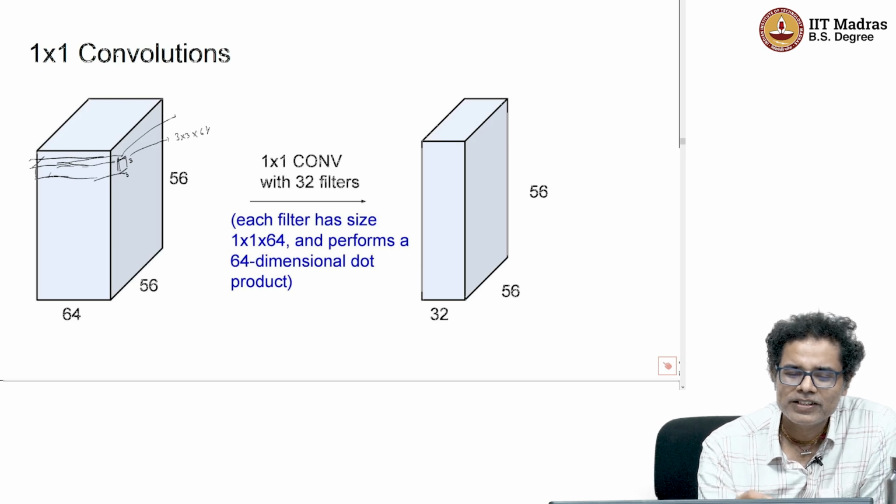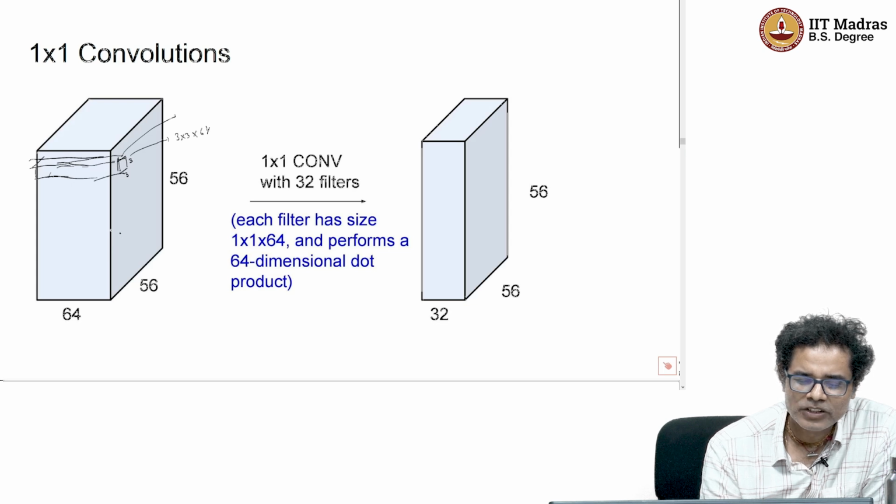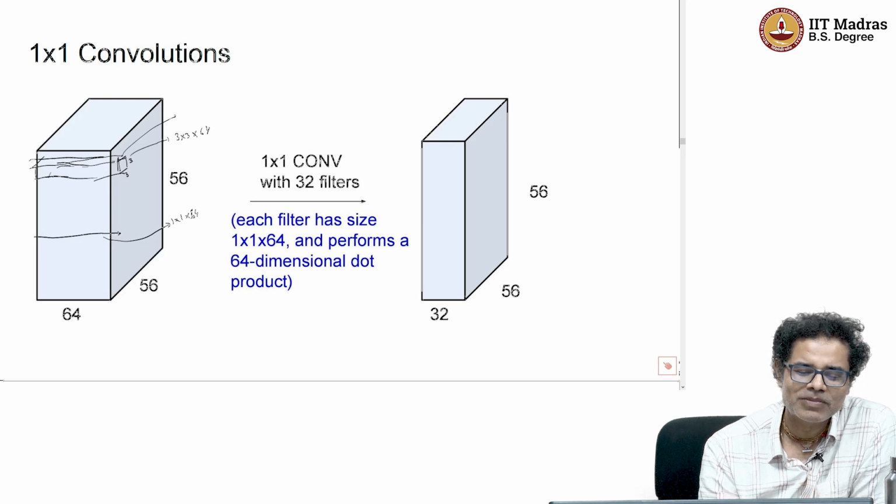But what this 1 cross 1 convolution means is that you are just looking at 1 pixel, but you're looking at all the channels, all the 64 channels. So what you're looking at is 1 cross 1 cross 64, and that is your filter weights. You take the inner product.